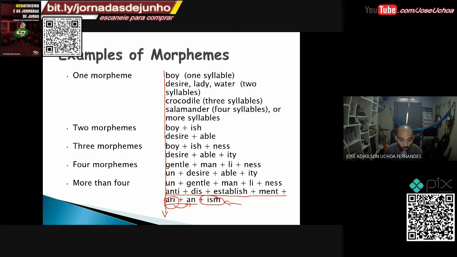For example, before Donald Trump, we didn't have the word Trumpism, but now we do, because language is open class. Language admits creativity. And this creativity is not just arbitrary. There are some rules. Even to be creative, you must follow some rules in the language. And one of these rules are the morphosyntactical rules.